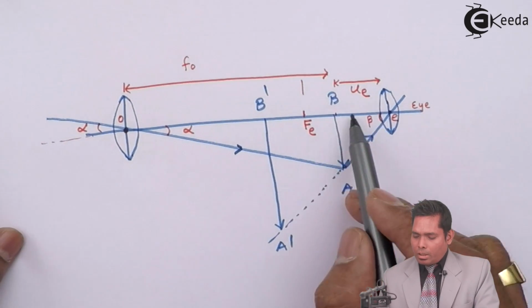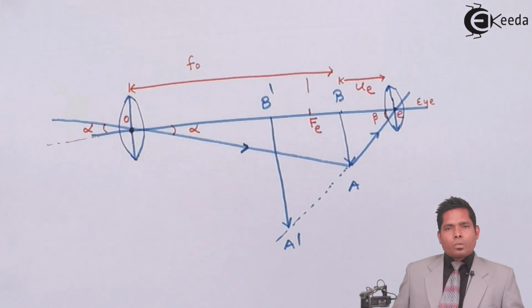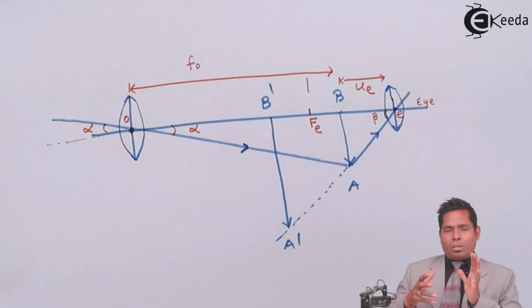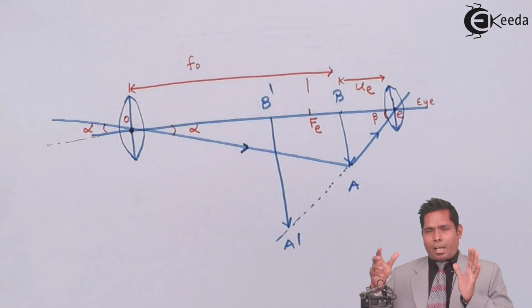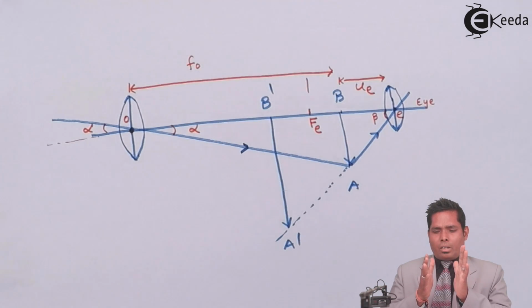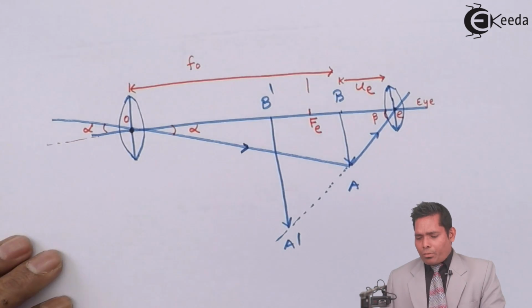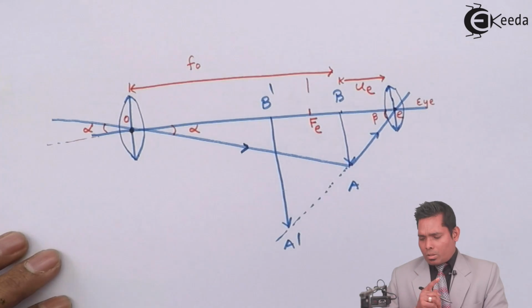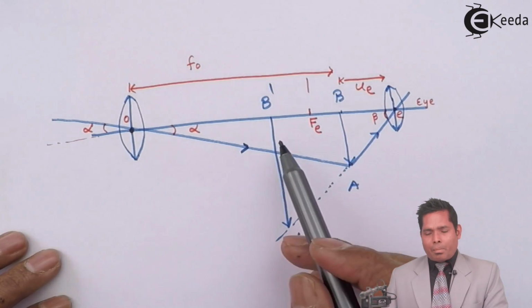This one I have not taken as this image I have not kept at the focus of the eyepiece, I have kept in between the focus and the optical center. So the image has to be formed away from this, on the same side but virtual, and it will be magnified.